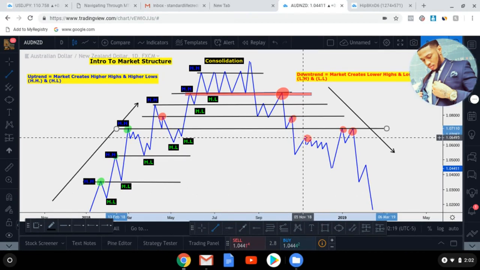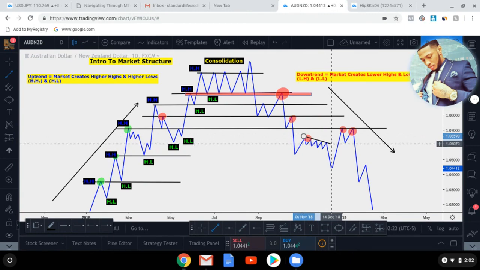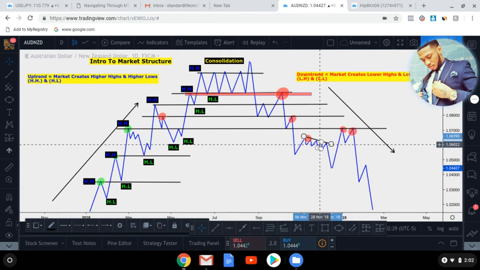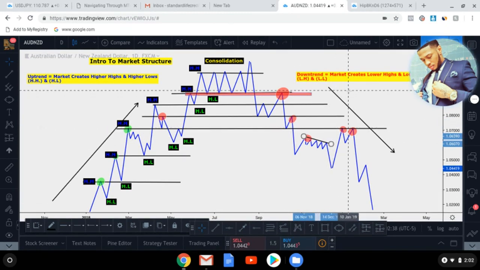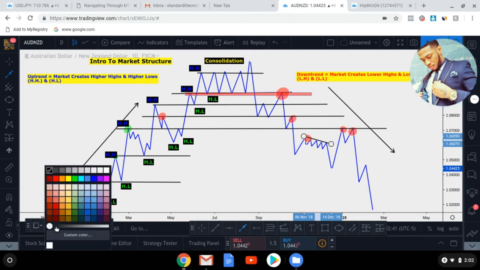When price comes up here, creates this type of movement here, boom, right? The only way you start thinking that this could be a potential uptrend is if this was to get broken to the upside, break this previous low, close above, and start to head up. So let me give you a visual of exactly what I mean.